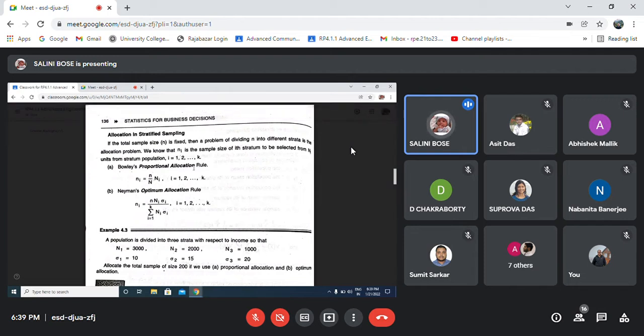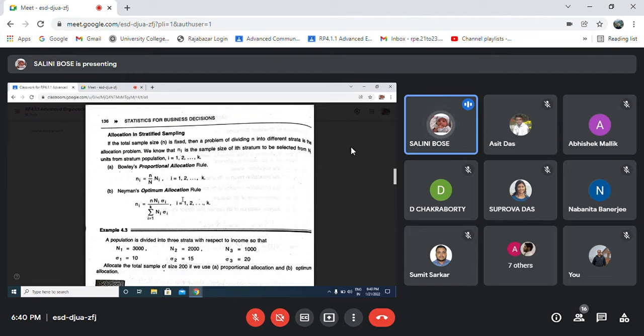One is Bowley's proportional allocation, another is Neyman's optimum allocation rule. In Bowley's proportional allocation, you have to remember this formula: the sample of a stratum will be equal to the sample size divided by the population size, times the population units of the stratum. Clear?